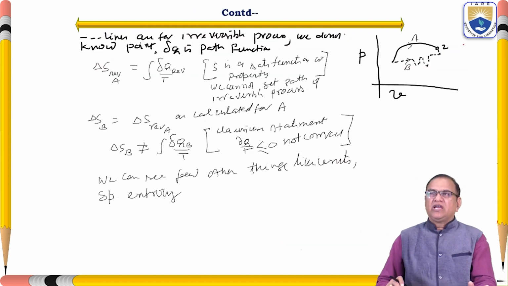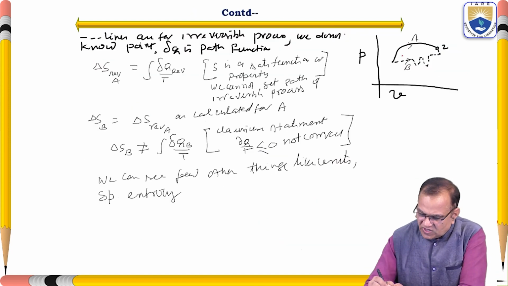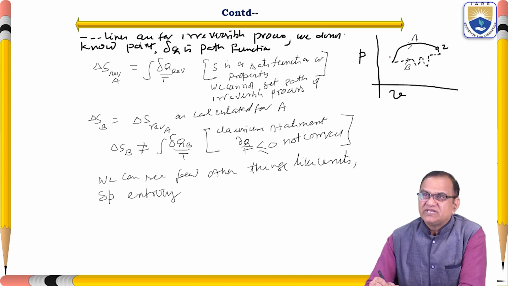So that we have seen here that in a PV diagram, it is starting from 1 here, it is going by 1A2, another is 1B, it is jumping like this, it is an irreversible process, and this is a reversible process.